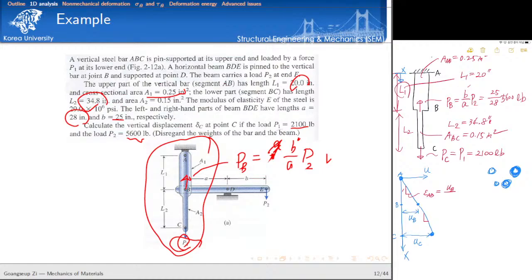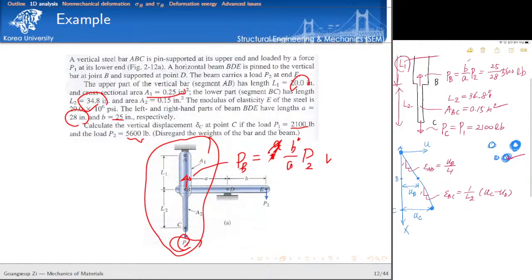So LAB is L1. Okay? And then here the strain in BC segment is given by UC minus UB over L2. Is it clear? So now we are here. Okay? We just calculated the strain field.